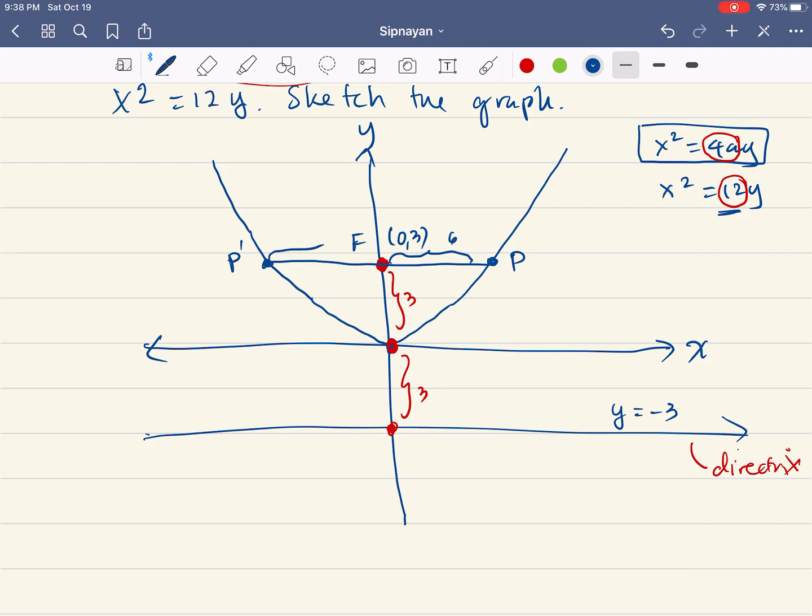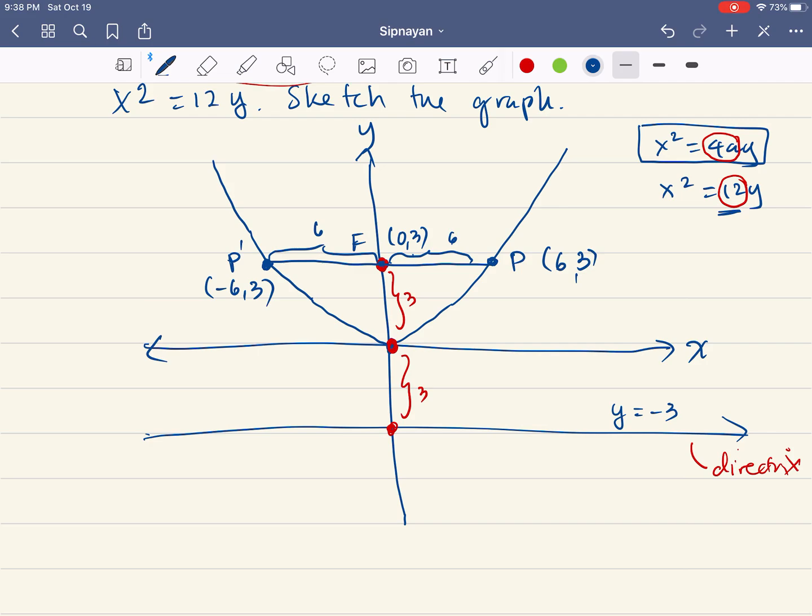Nakita nyo, kung naintindihan nyo, hindi kailangan kabisaduhin yung formula, di ba? So, pag 6 units yan, ibig sabihin, this point has the same y coordinate as F, kasi pareho sila ng y coordinate na 3. Pero since 6 units siya from the midpoint, meaning this is 6, 3. At yung opposite nito, symmetric, so meaning this is negative 6, 3.